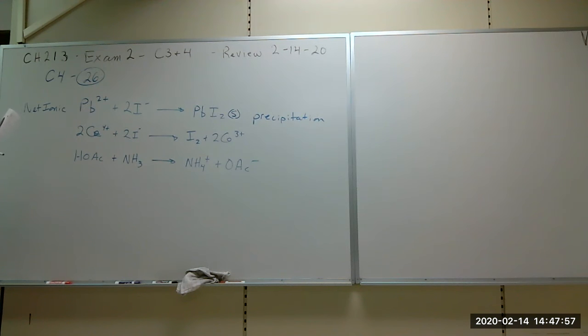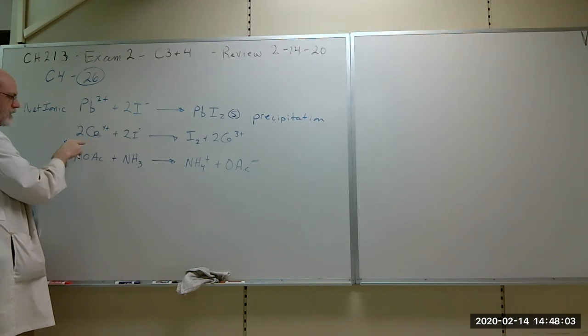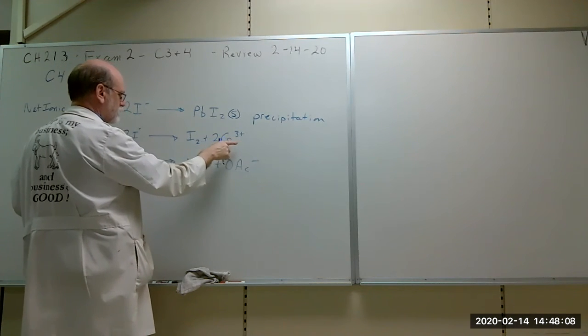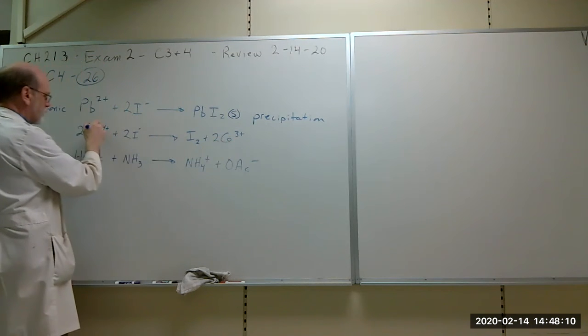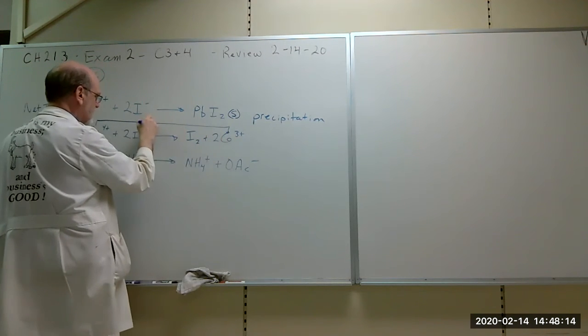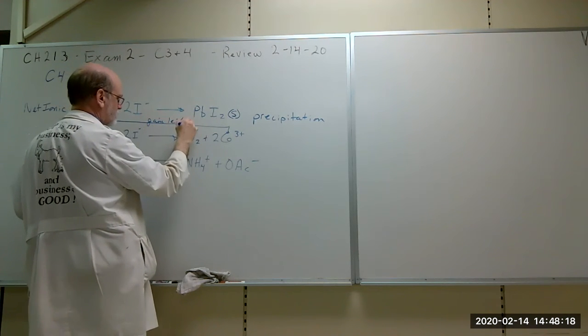The next one. Okay, for this one, what we have is cerium 4+ becomes cerium 3+. So it gained 1 electron per cerium.